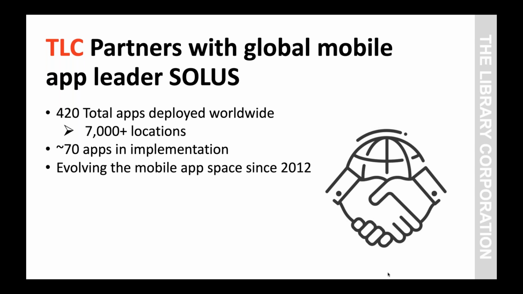But we also have some libraries in Chile, in Peru, and a few other places around the world. So really widely used across public libraries and academic libraries across the world. We also have a large number in implementation right now, and that's only growing as time goes on, which is great.